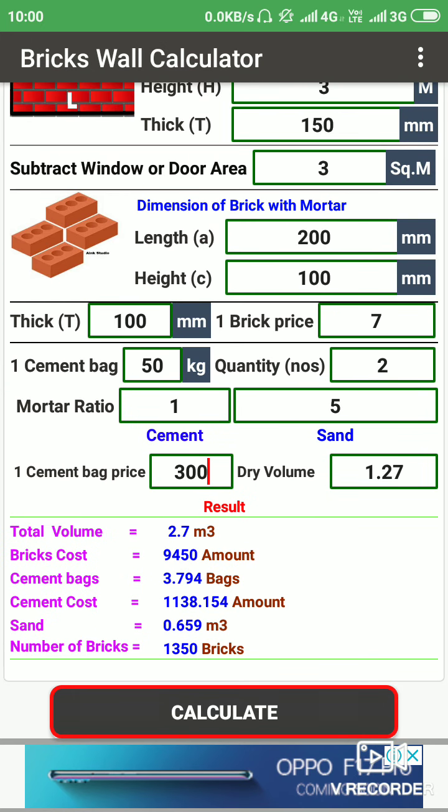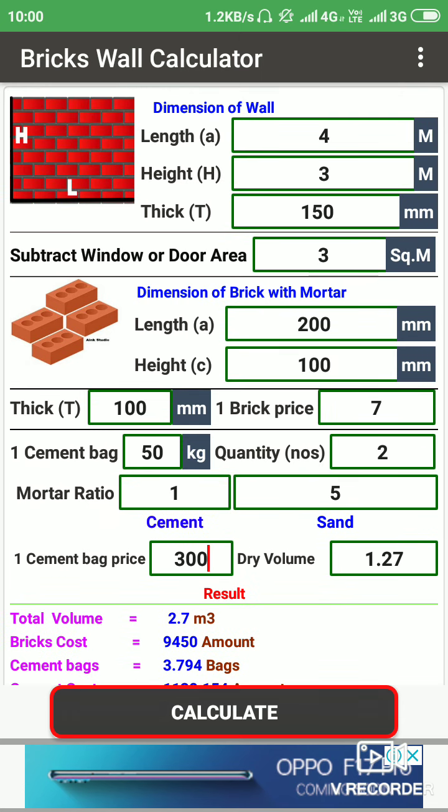So calculate. Total volume is 2.7 cubic meters. Brick cost is 9,450 rupees. Cement bags required 3.8 bags. Cement cost is 1,139 rupees. Sand is 0.7 cubic meters, and the number of bricks required is 1,350. So very easy to use.